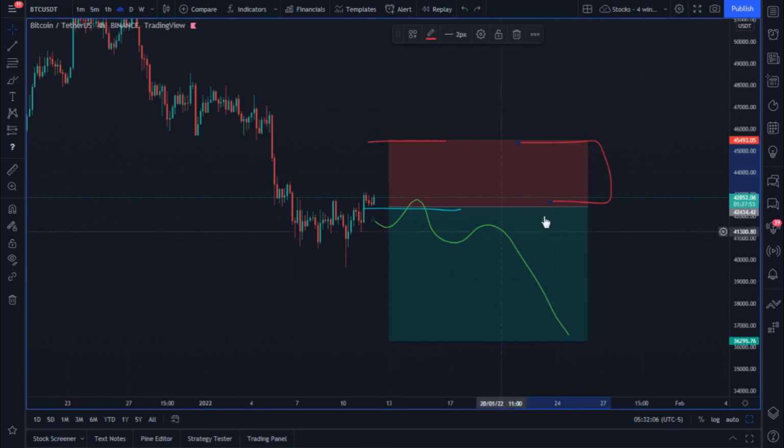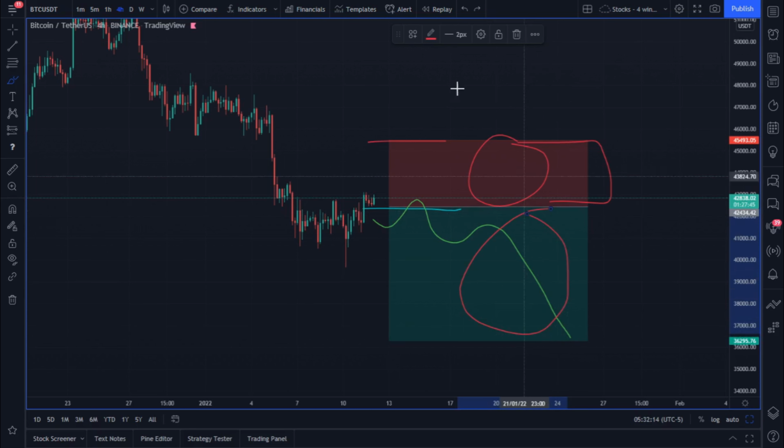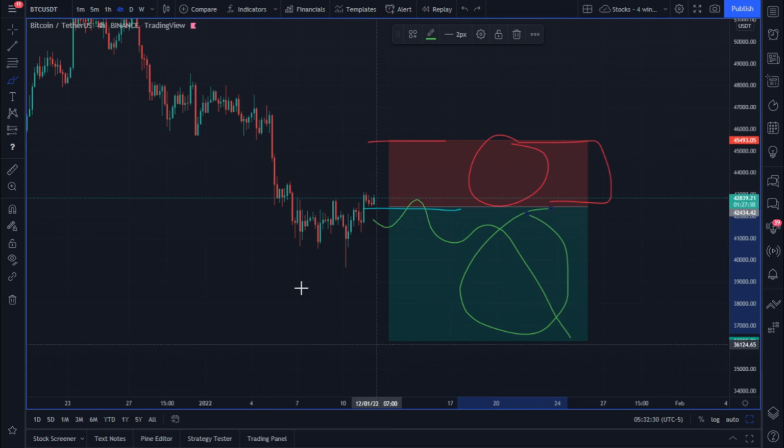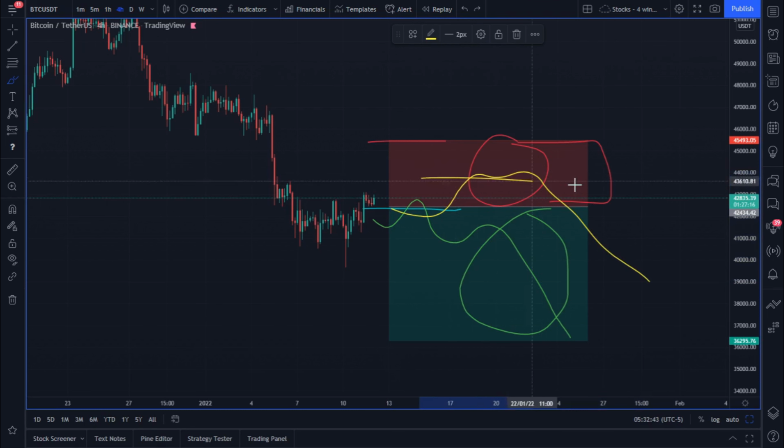So what does it mean? We're prepared to risk $50 here to make $100 here. If we stick to the minimum, if that's all we have in our account and we use it to trade, believe you me, if the price does this, somewhere like this, you're going to get stopped out.